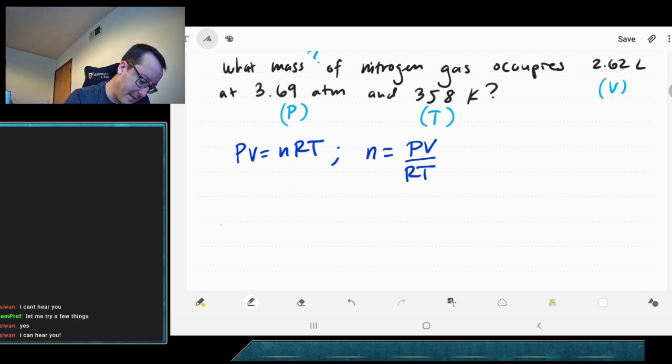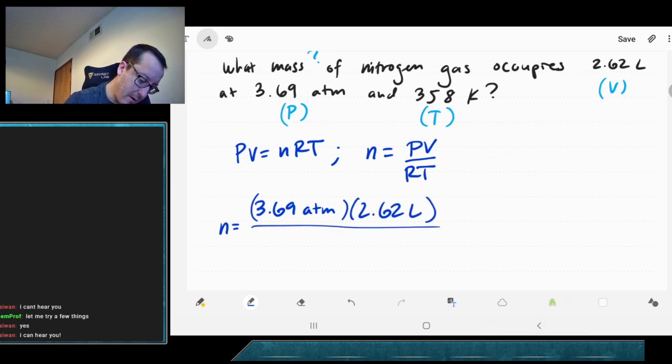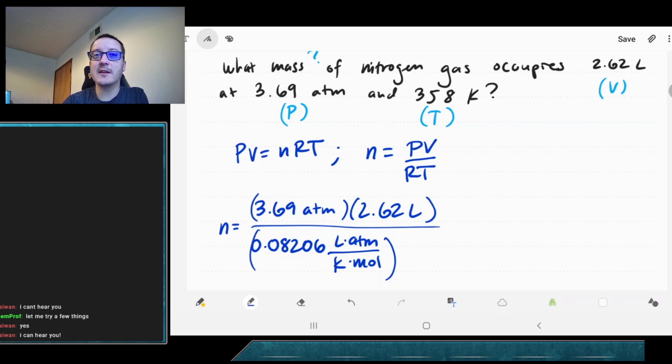All right, so with that, let's go ahead and plug all this stuff in. Our pressure we saw was 3.69 atmospheres. We have a volume of 2.62 liters. We have R, with all those units, liters, atmospheres, moles, and Kelvins.